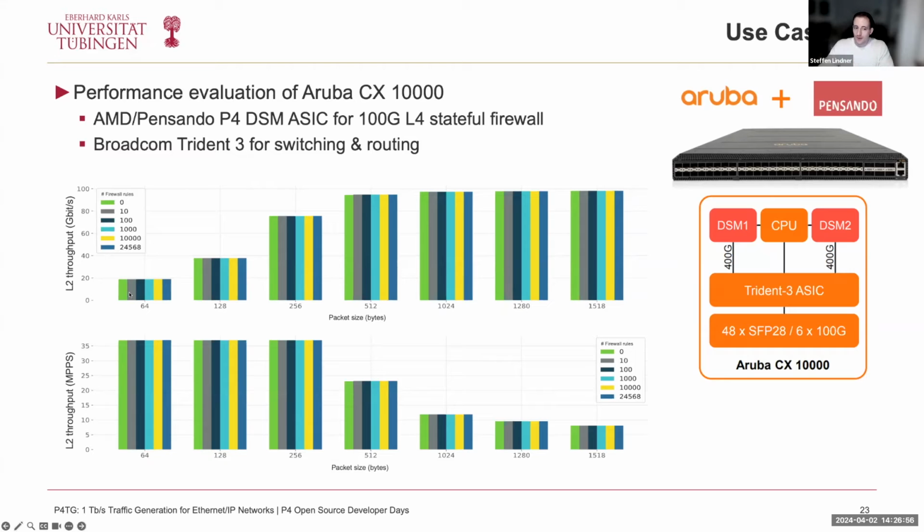When we have small packets, we get a performance cap at around 20 gigabit per second on layer 2. And we need roughly a packet size of 1024 to get up to 100 gigabit per second on layer 1. But interestingly, the number of firewall rules doesn't matter. The reason for this throughput cap is actually the MPPS cap of the AMD Pensando chip, which seems to be around 36 MPPS. So we have to go higher in the packet size to get the 100 gigabit per second.